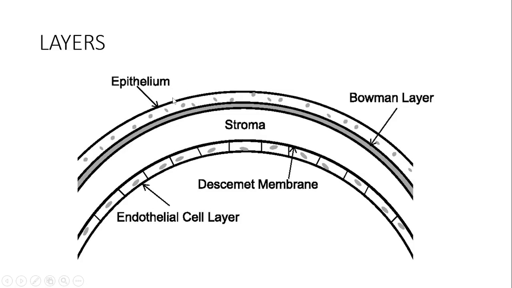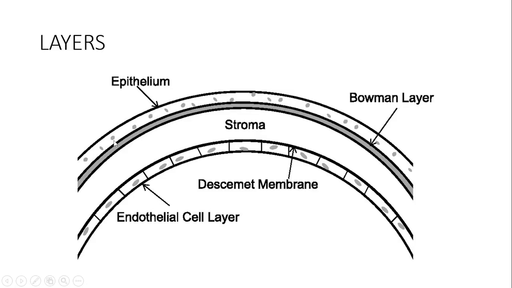Now there are a few cells that it is rich in. Notable among them are surface cells, which are found at the superficial portion of the epithelium. Then we have basal cells, found at the base of the epithelium, at the junction with Bowman's membrane.